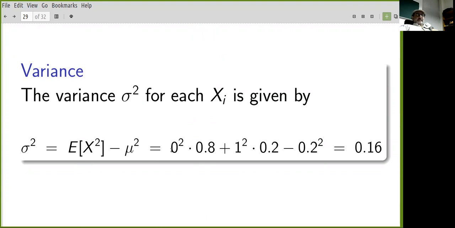What are the X squares? Those are either 0 squared or 1 squared. 0 and 1 are the possibilities for X_i. And the probability of getting a 0 is 0.8, and the probability of getting a 1 is 0.2. And that's my expectation of X squared, and I have to subtract off the square of the expectation, and the expectation was 0.2. So I do that calculation, I get 0.16.